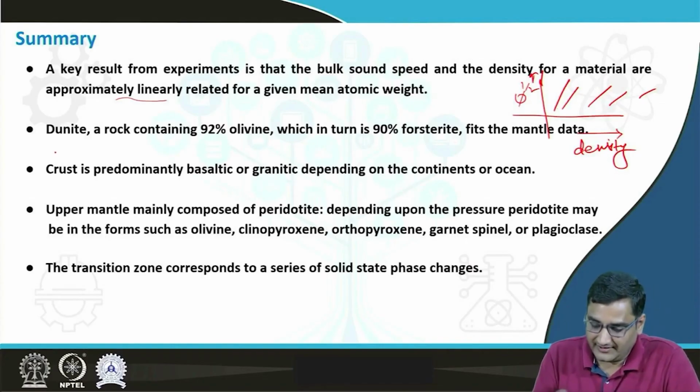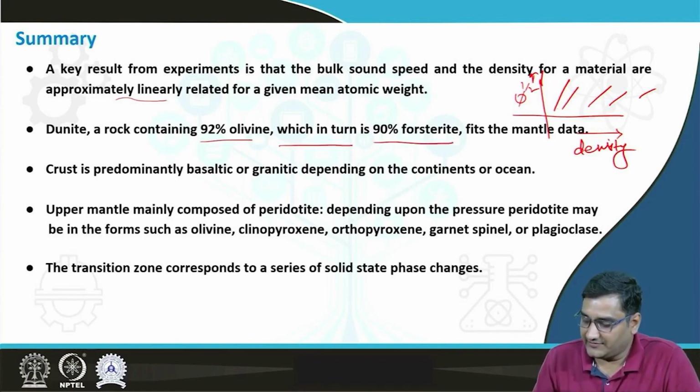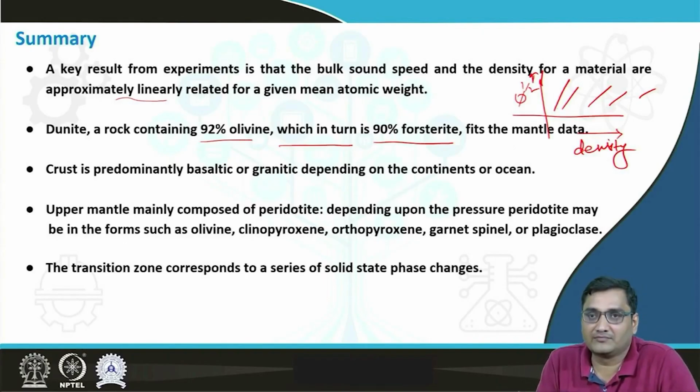Dunite is a rock containing 92% olivine, which in turn is 90% forsterite. There are two kinds of olivine possible, forsterite and fayalite, but forsterite is the one which is mostly abundant, around 90%, and that fits the mantle data.